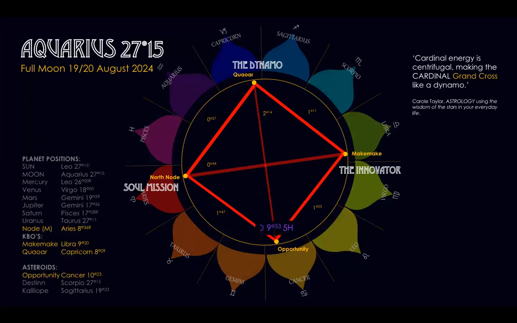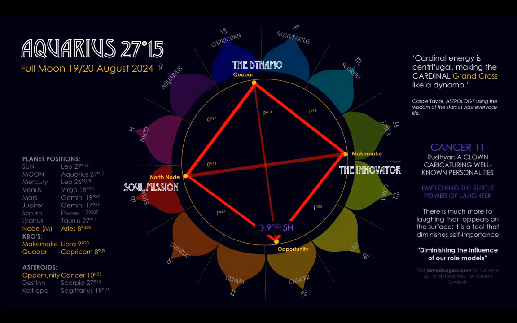Where do any of these points hit my chart? My moon is conjunct Opportunity. Opportunity is at 10 degrees 23 minutes, and my moon is at 9 degrees 53 minutes, and in my 5th house.